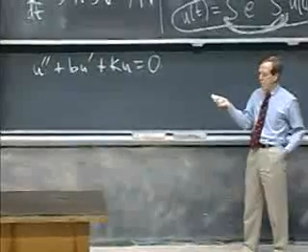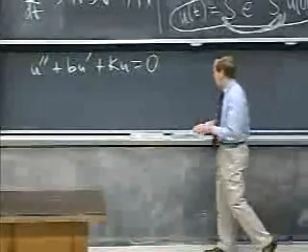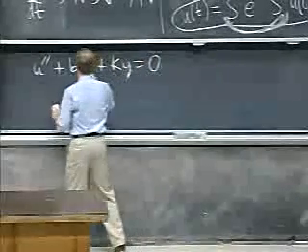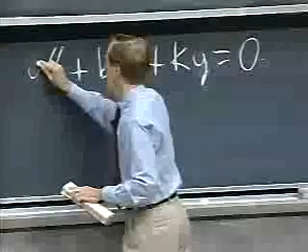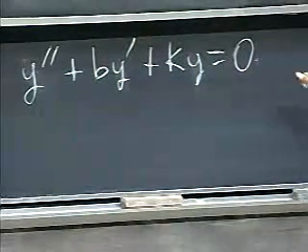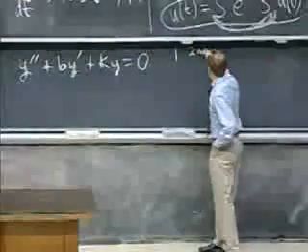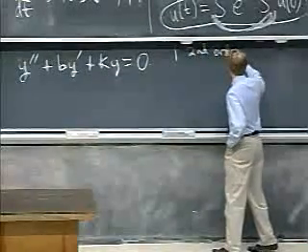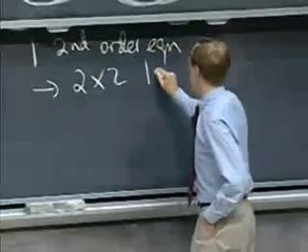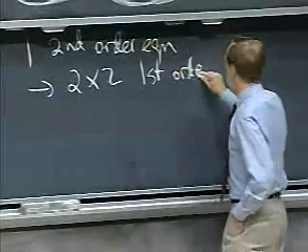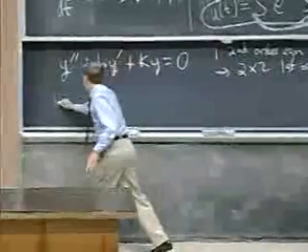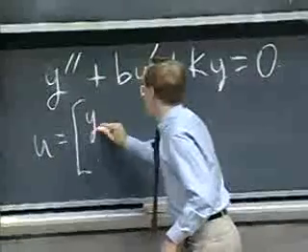I prefer to use y here, because that's what you see in differential equations. And I want u to be a vector. So how do I change one second order equation into a 2 by 2 first order system? Just the way I did for Fibonacci. I'll let u be y prime and y.